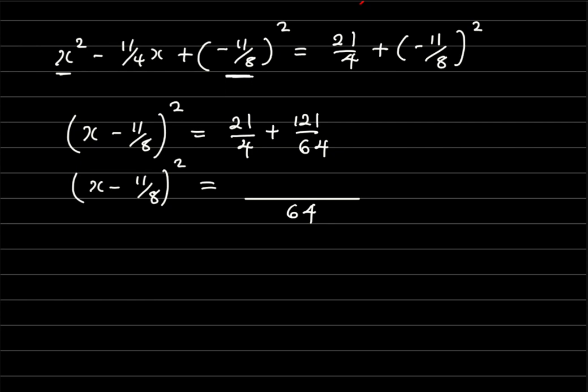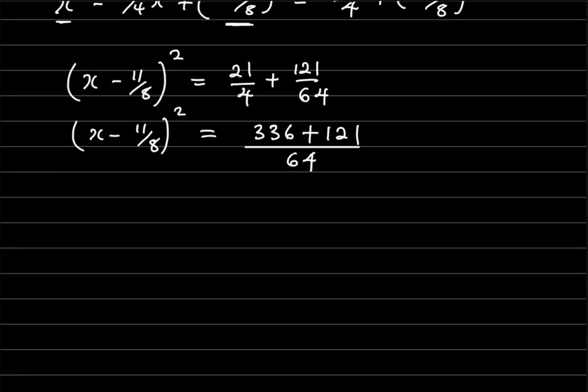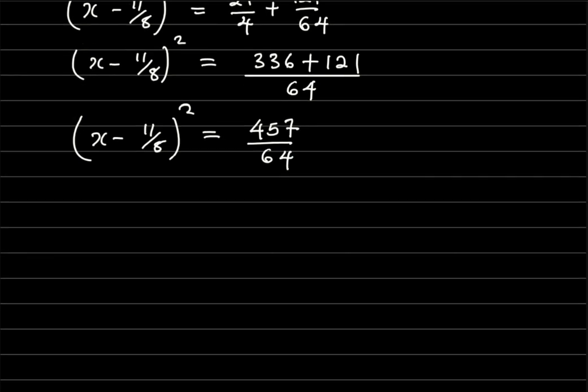So we have 16 times 21, which is 336, plus 121. Now x minus 11 over 8 all squared is equal to 457 over 64. So we are moving closer to the end of the question.